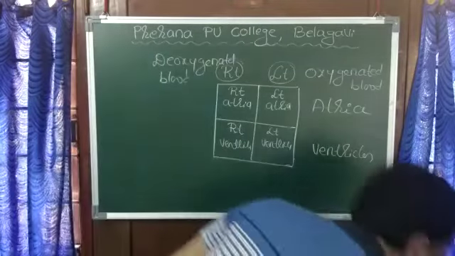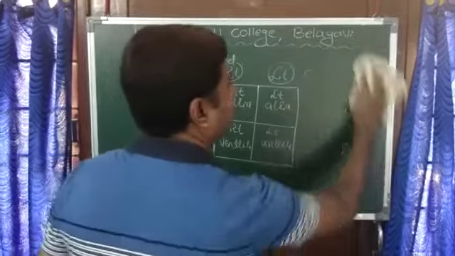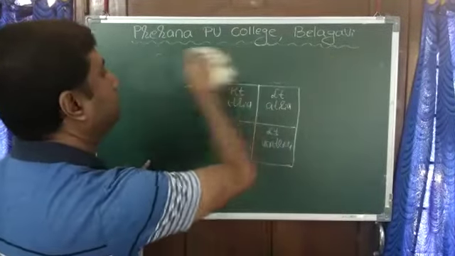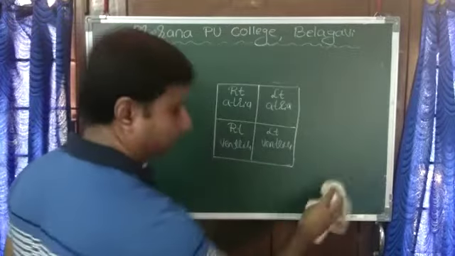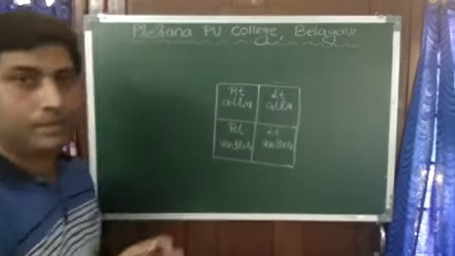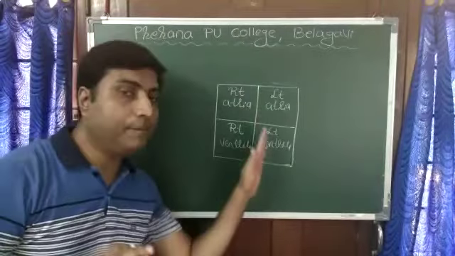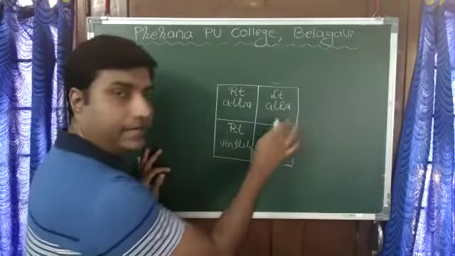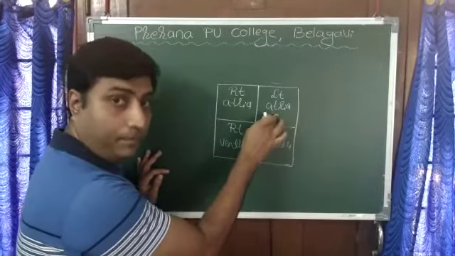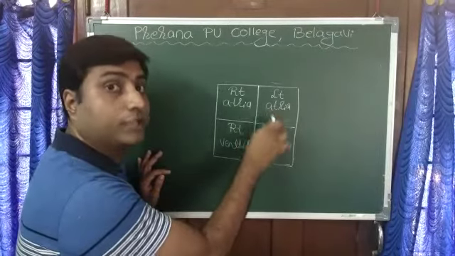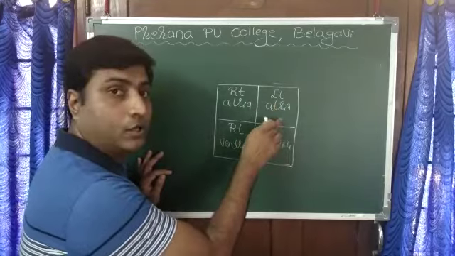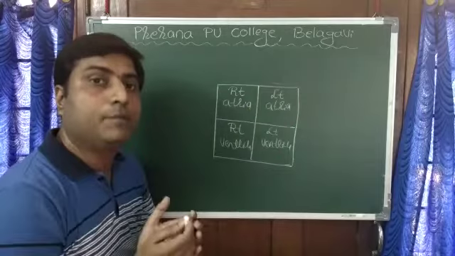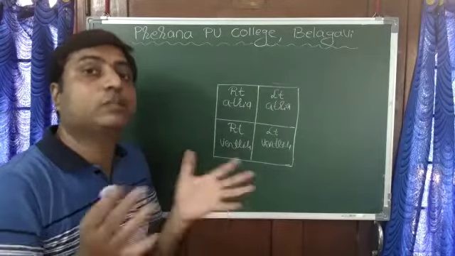Now I will remove all these labels and keep only the heart. But one thing you have to remember: left part pure, right part impure. Now, pure or oxygenated blood always comes from the lungs, because the lungs are enriched with oxygen.